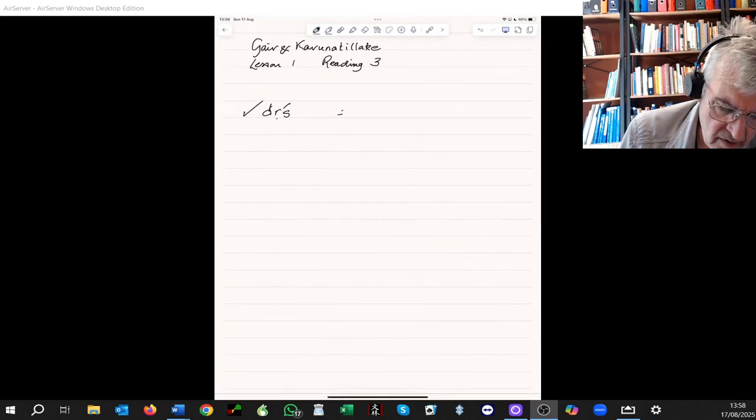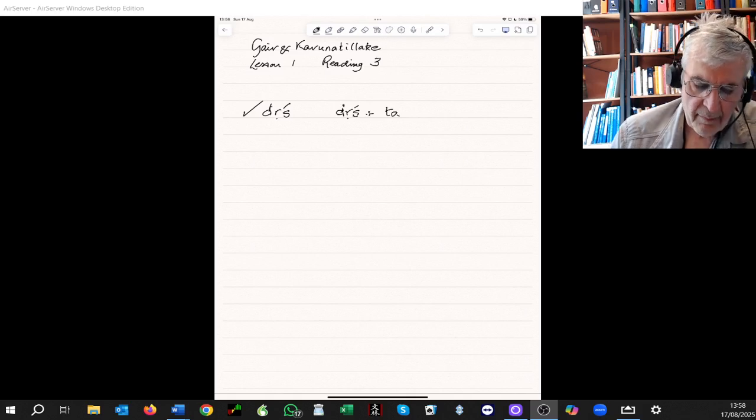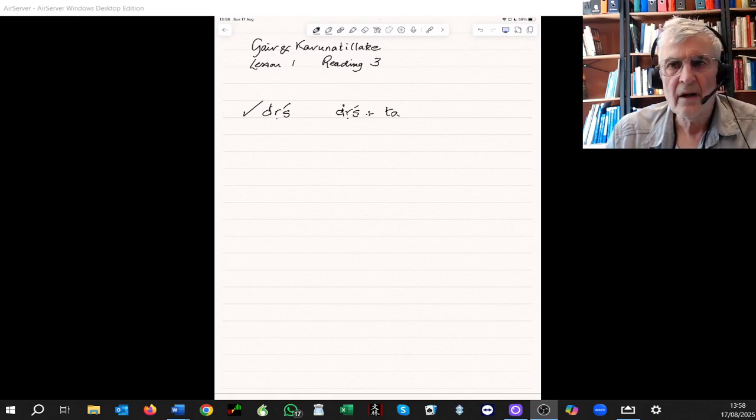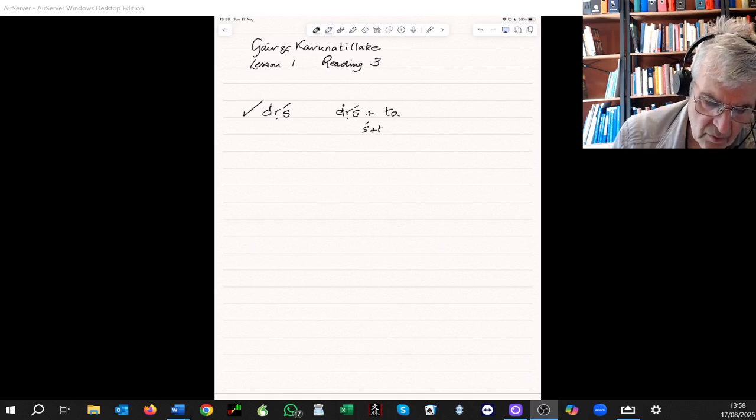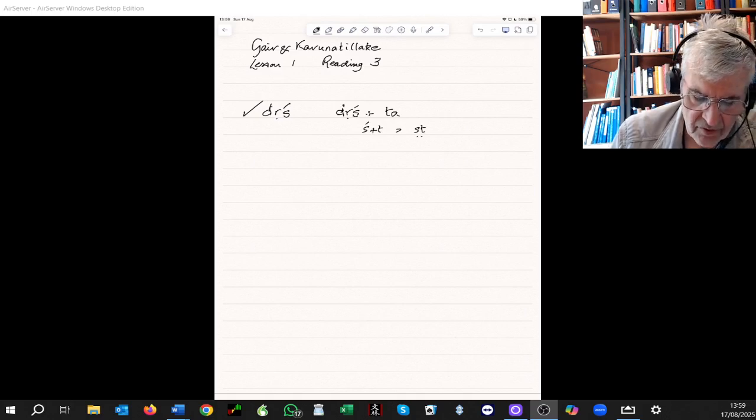So you get the past participle, looking at the Sanskrit now. Past participle is dṛś plus ta. By internal sandhi, that's by mutation of sounds when they come together, wherever you get a ś plus a following t in a Sanskrit word, it mutates to ṣṭa, both subdotted retroflex.